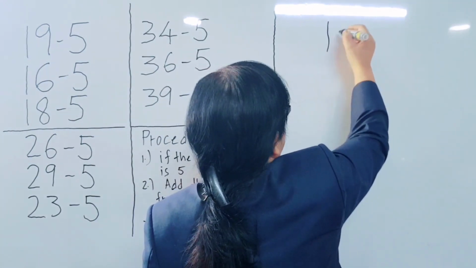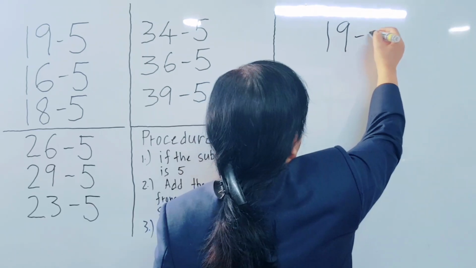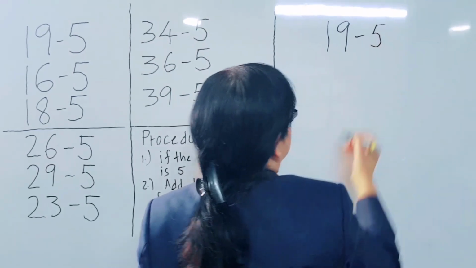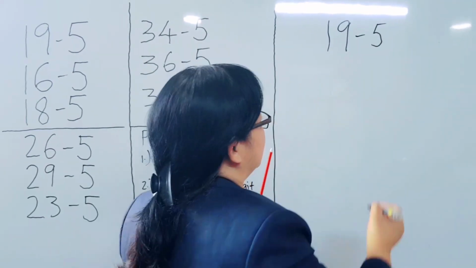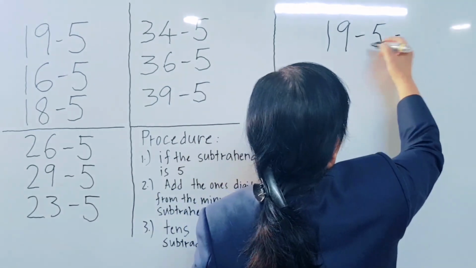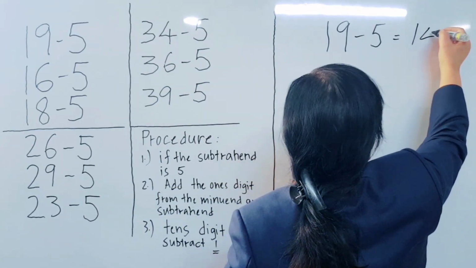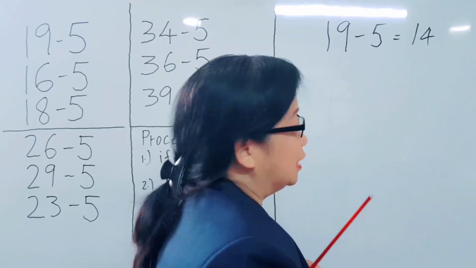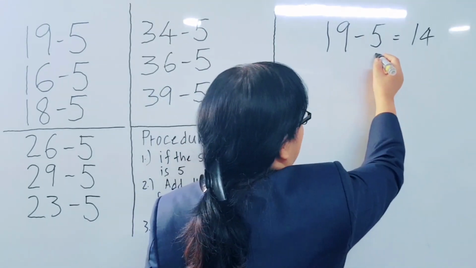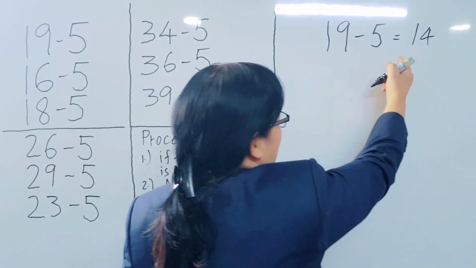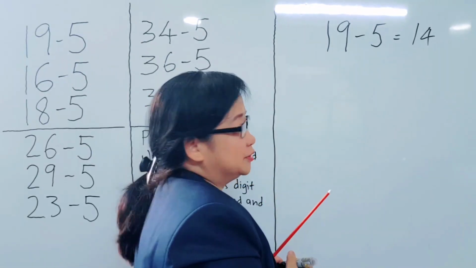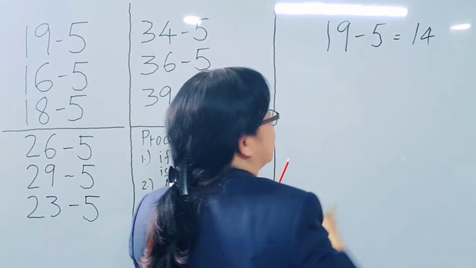For example, number 1: 19 minus 5. Now, how will you do this one fast? This is equal to 14. How? I just add 9 plus 5, which is equal to 14. Is it correct or not? 14 plus 5 is equal to 19.